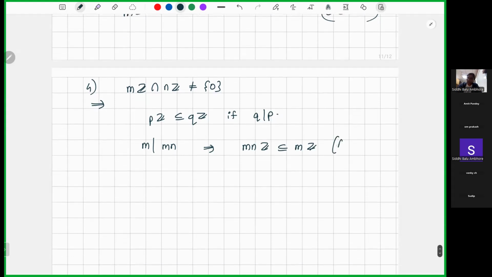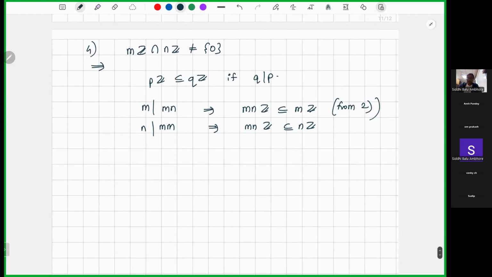Similarly, from part 2 of this question, n divides mn, so mnZ is contained in nZ. So from these two, mnZ is contained in mZ intersection nZ, right?